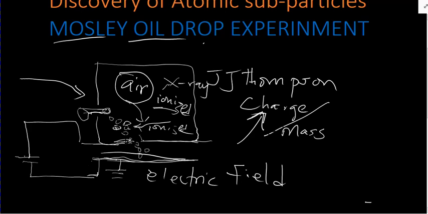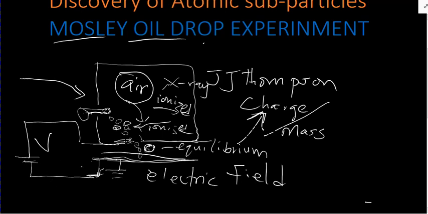But by the application of this electric field supplied by a voltage, and of course increasing the voltage to some amount, some of this oil will stop, possibly at the middle of the chamber, and be at equilibrium. So this ionized oil drop that was originally falling due to gravity was stopped, at equilibrium, by the application of a substantial amount of electric field.